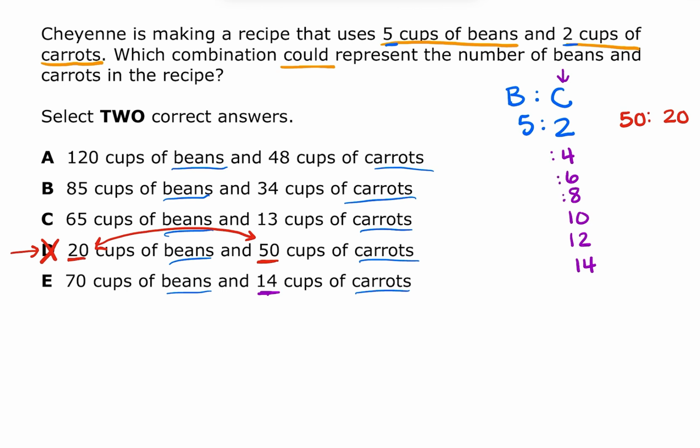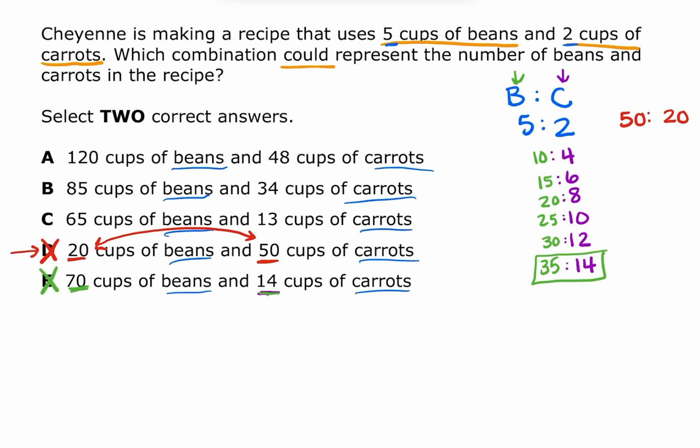And then I'm going to go put my colons for my ratios. And then I can skip count this side for my 5s. 5, 10, 15, 20, 25, 30, 35. So in that ratio, 14 and 35 go together. And notice on E, 70 is with 14.